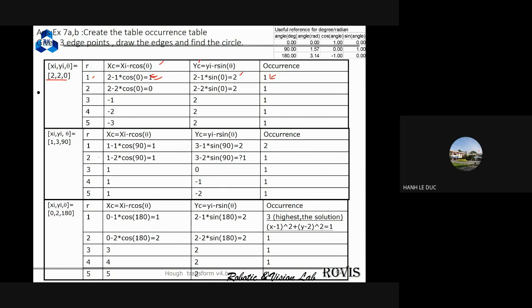And this one is number 1 and 3, theta 90, and it appears a second time. So this one appears another time, so it appears 3 times, but the remaining just appear 1 time. So this one is the center and radius of the circle.